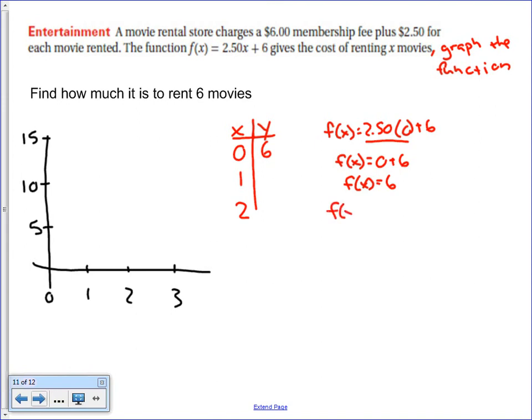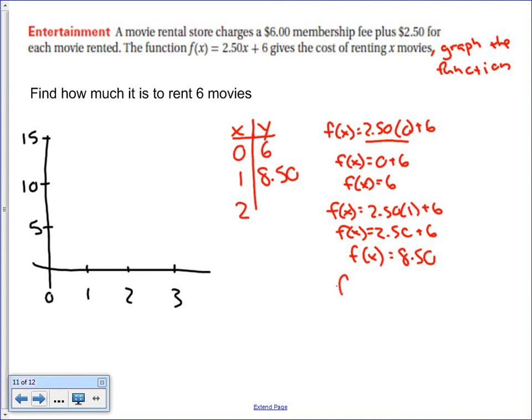Plugging in the 1, we get 2.50 times 1 plus 6. So we have 2.50 plus 6, which will give me 8.50. So $8.50.